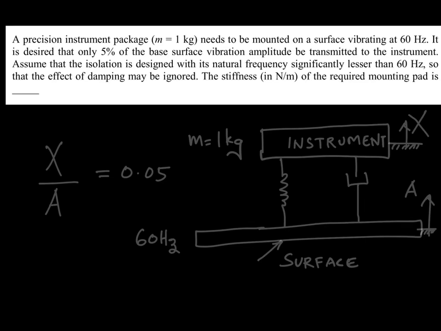Before that, there is one more thing which is provided in the problem. It is this. Read this. Effect of damping is ignored. That means there is no damper in the system, or the damping factor is 0 because C is equal to 0.